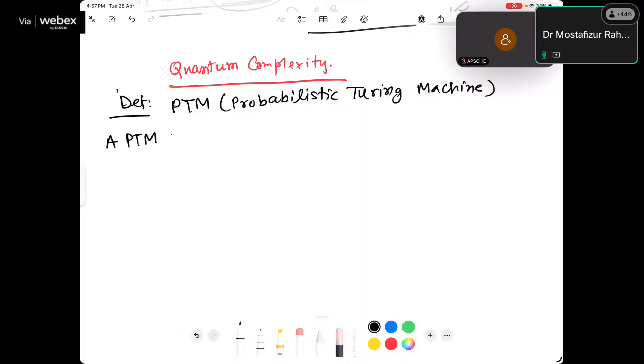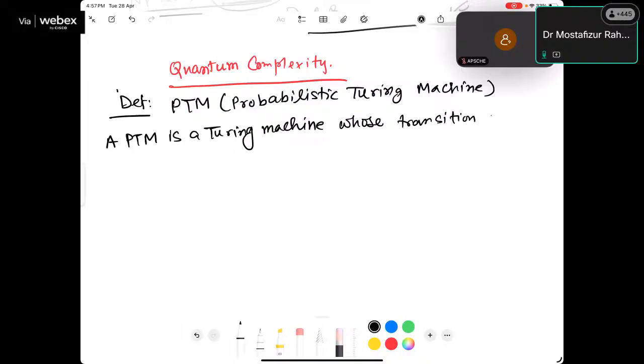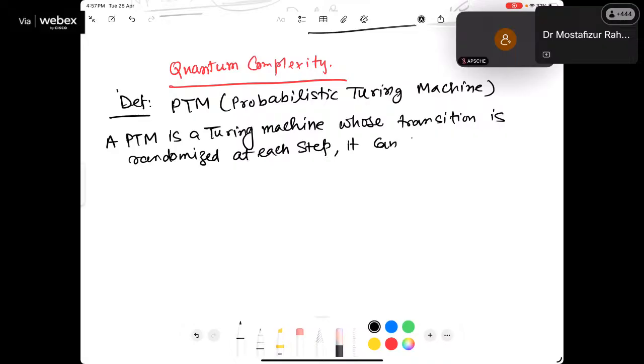A PTM is a Turing machine whose transition is randomized at each step. It can flip. So its transition is randomized, right?